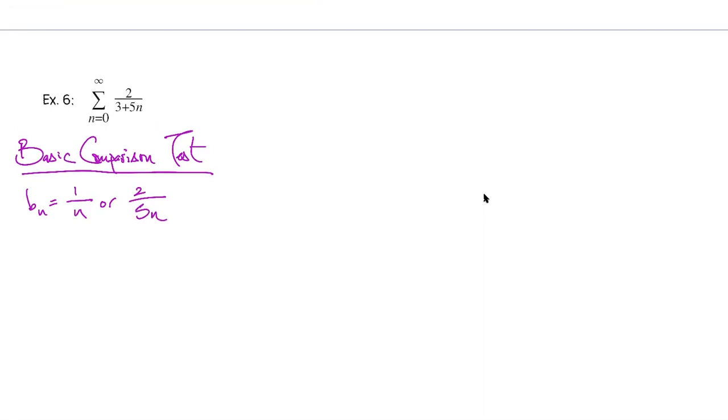And then I know, Carlos, you also said the integral test. And yes, I agree. I think we could also do the integral test. So if we were to do the integral test, that would mean we would have the integral from 0 to infinity of 2 over 5 plus 2x dx.